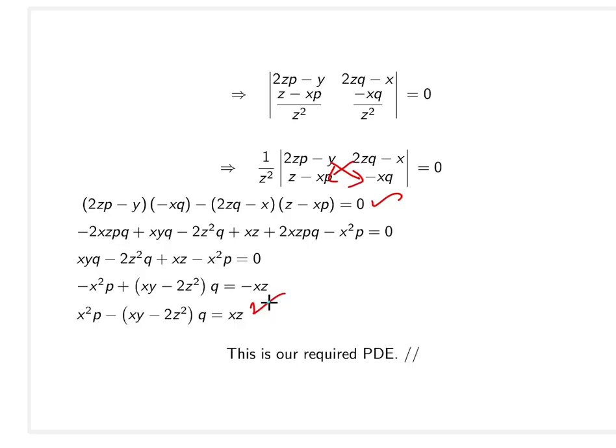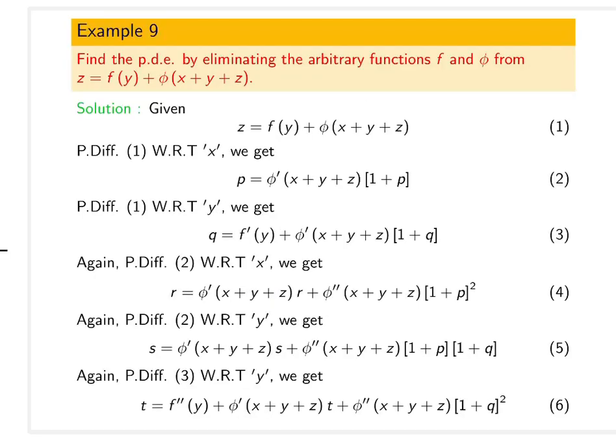But now two functions are given, that is f of y and phi of x plus y plus z. Therefore, we want to eliminate the two functions f and phi. If it is a single function, we can easily eliminate it in the first derivative itself. But when more than one function is given, we need up to the second derivative, that means we want to find p, q, or r, s, t.